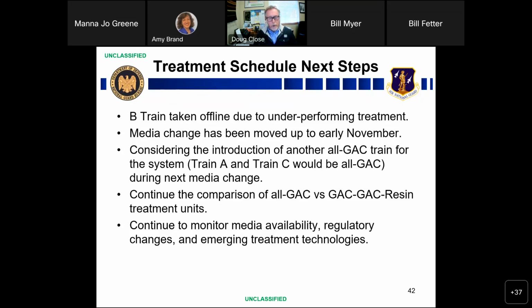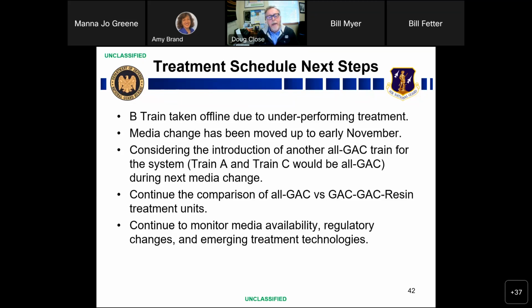With what we're doing and seeing, we're working with our team. We're considering introducing a second all GAC train and have 2 trains of all GAC in all 3 vessels and compare that to 2 trains that would stay with our current configuration of GAC and resin.